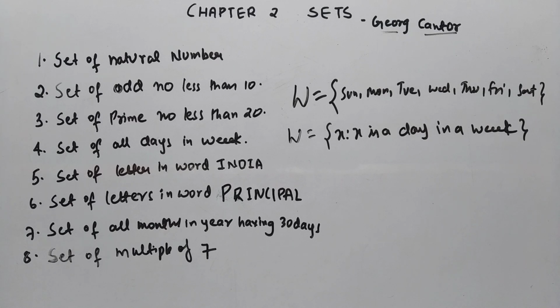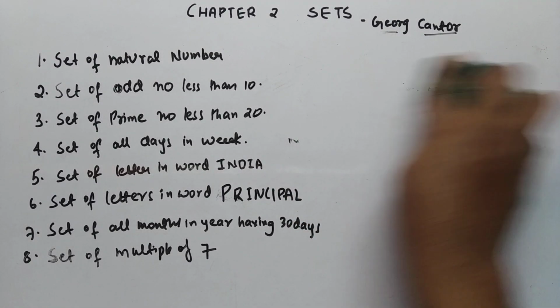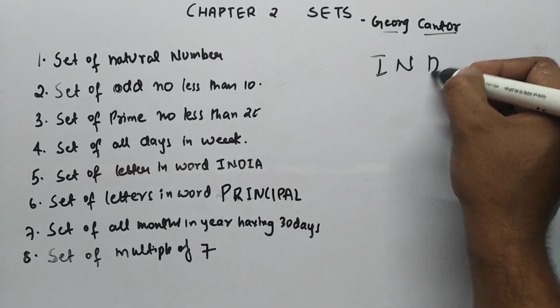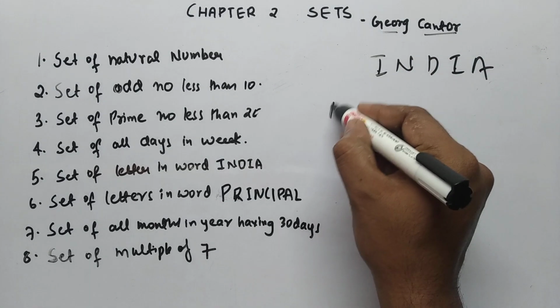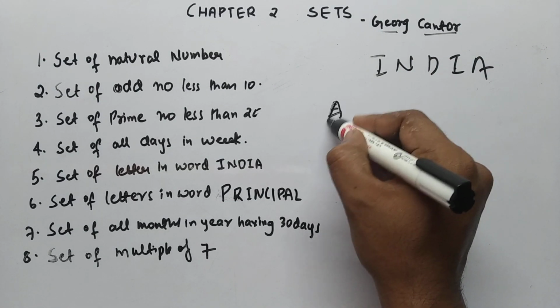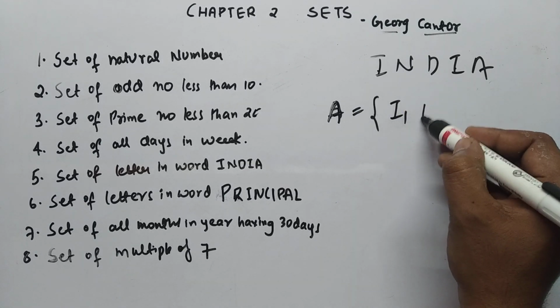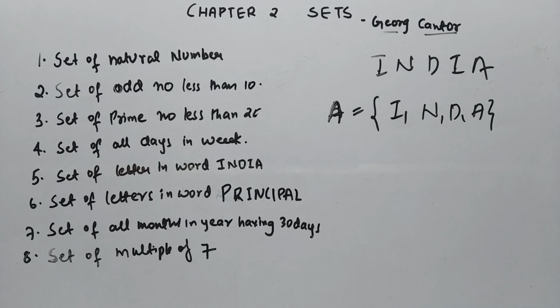The next question asks us to represent the set of letters in the word India. In India, you can see that I is repeated twice. Whenever you write a set, we have to write unique elements, so I, N, D, A. This is the roster form.